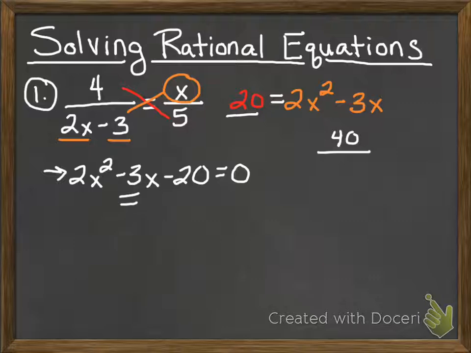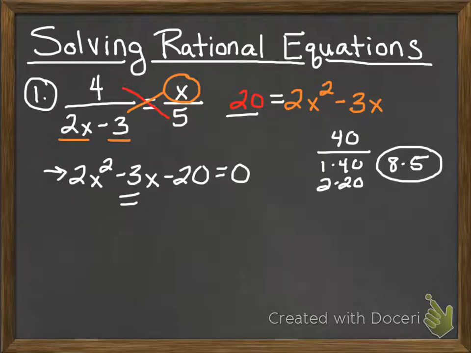So let's see, I've got 1 times 40, I have 2 times 20, I have 8 times 5, and I'm sure I've got a few more, but if you look here, this is going to be my choice. I need an 8 and a 5 to get me to 3. So the question is what kind of an 8 and what kind of a 5 do I need so that I can get to a negative 3?